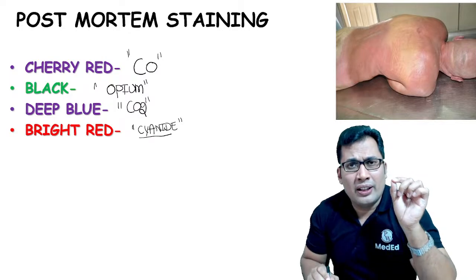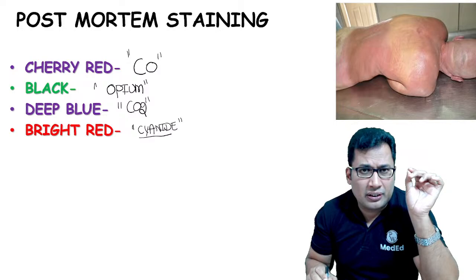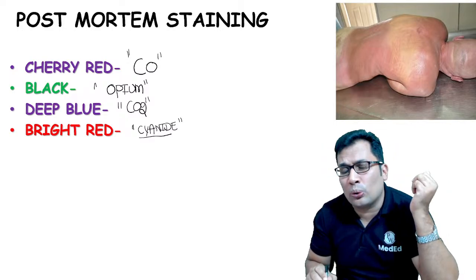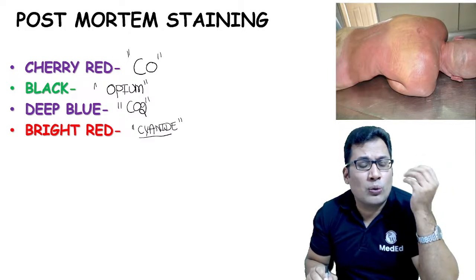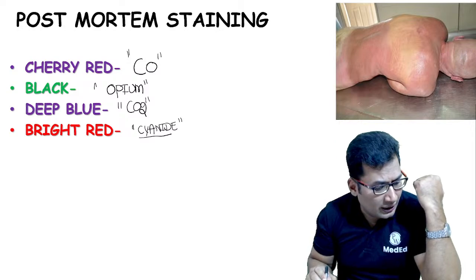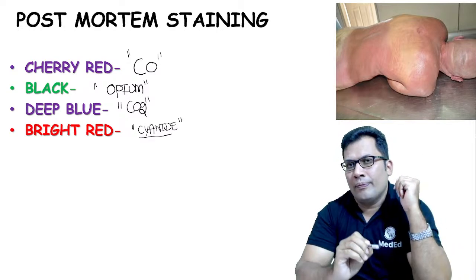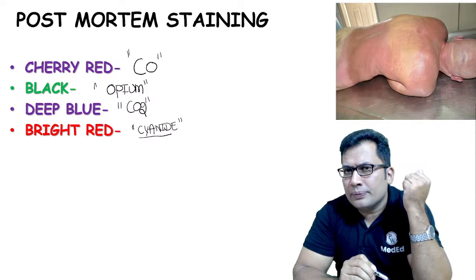Cyanide, dear students, is an ideal suicidal agent. It causes painless death. It can be used in homicide also. What is the antidote used in cyanide poisoning? Can you guess? Yes, Mr. Harsha, Mr. Sandeep.